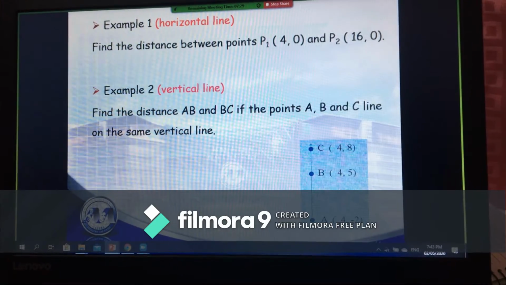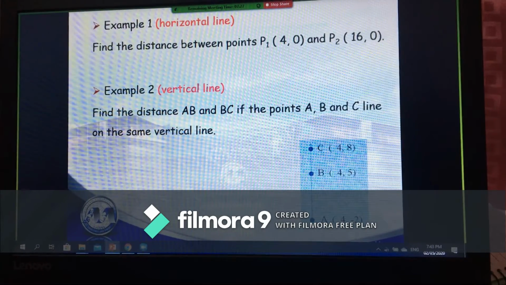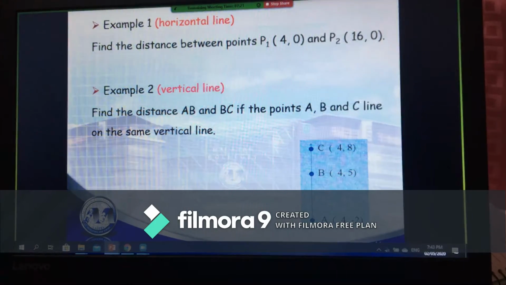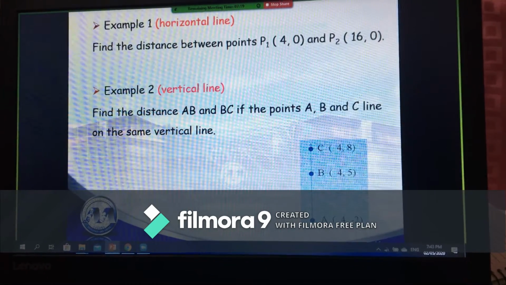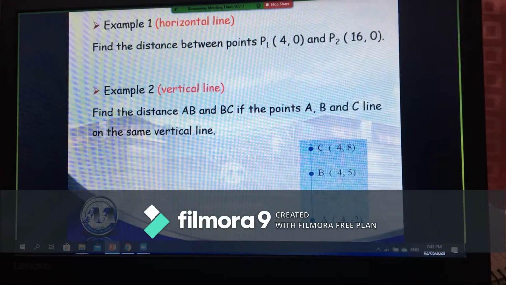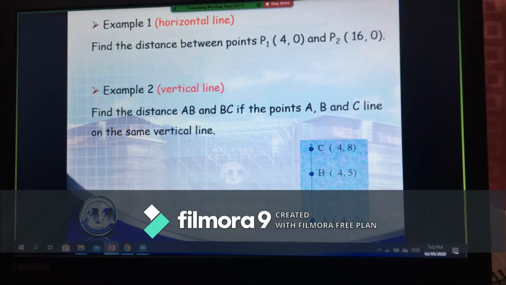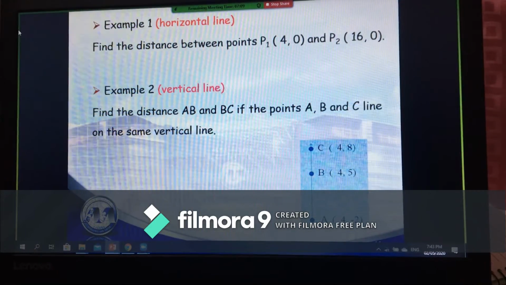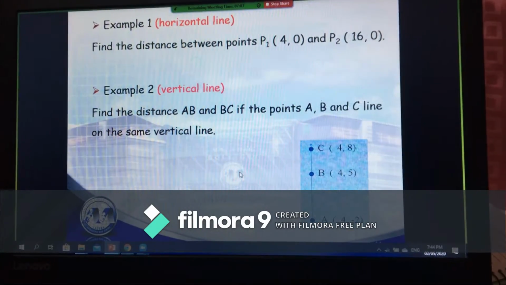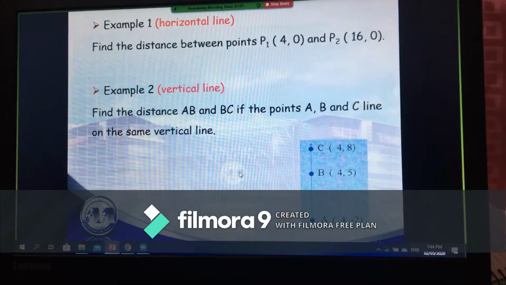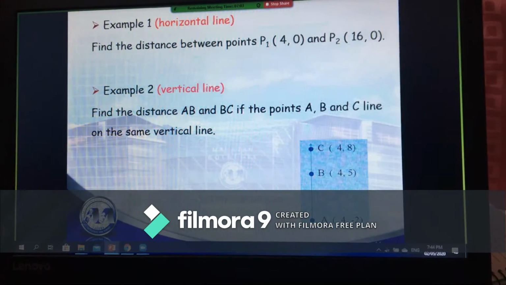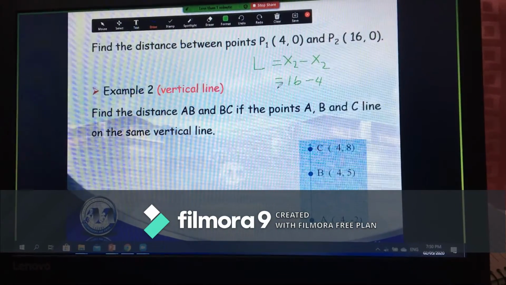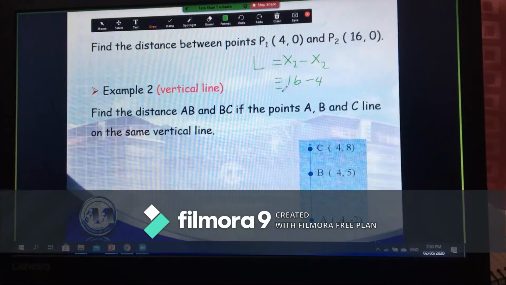Example number 2. So the answer for the first problem is 12.